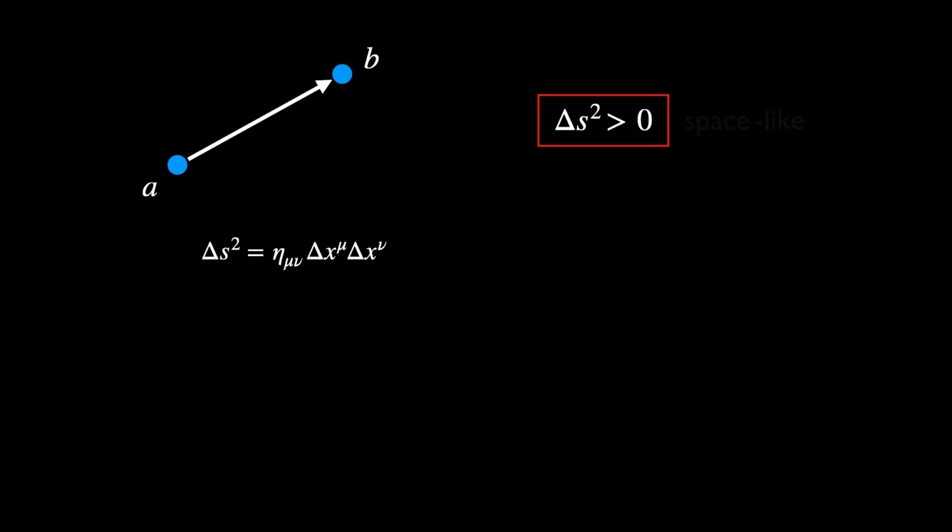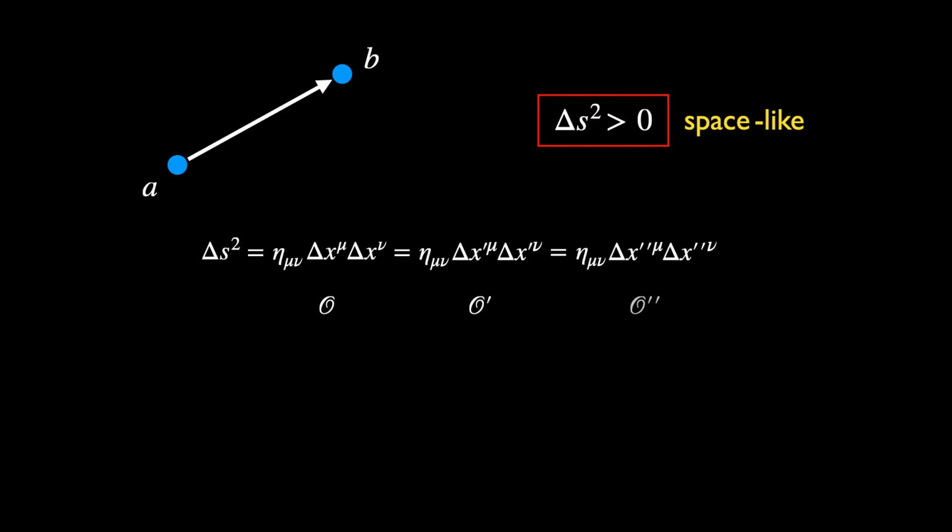Now is the time we explain the causality paradoxes mentioned earlier that would occur if a particle is allowed to travel across a space-like interval. Suppose that the interval in question spans from point A to point B. To make our point, let's look at this in three different reference frames, O, O', and O double prime.